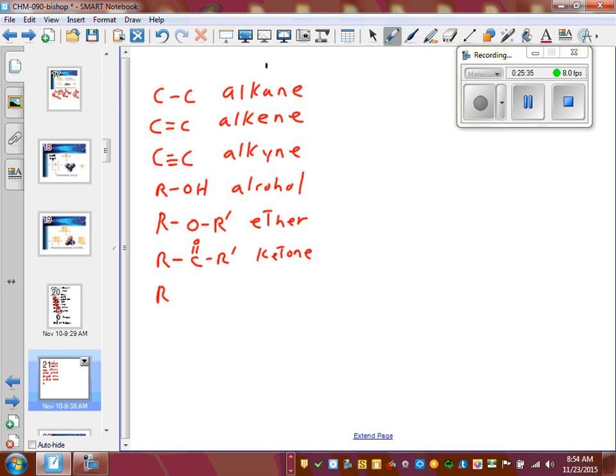R, C double bond O, OH, it's a carboxylic acid. R, C double bond O, O, R prime, that's an ester. R, C double bond OH, that's an aldehyde.